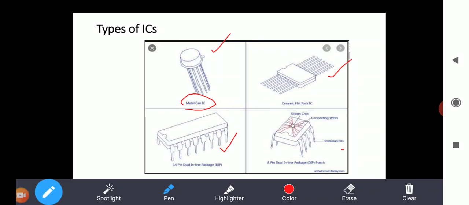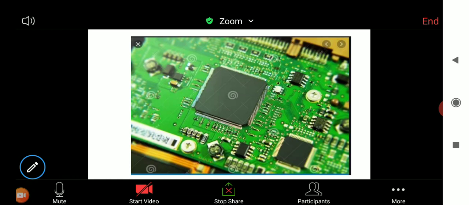Here, 8 pin. If we see the internal structure, this is the chip, and these are all interconnections. These are all terminal pins. Upon this structure is the casing of the IC, that is ceramic casing or some plastic casing is applied.